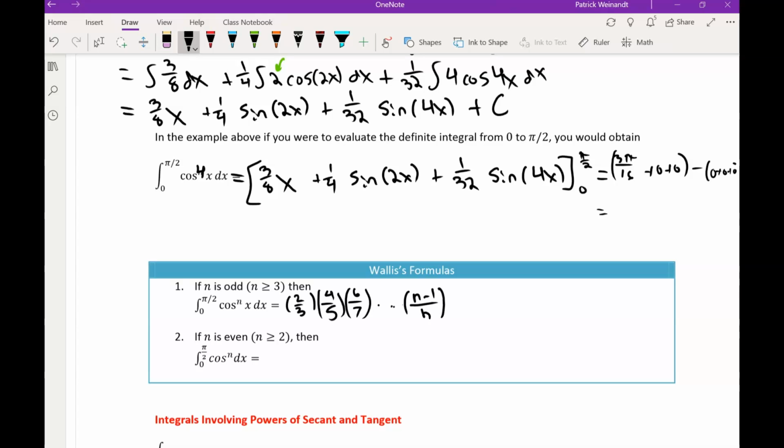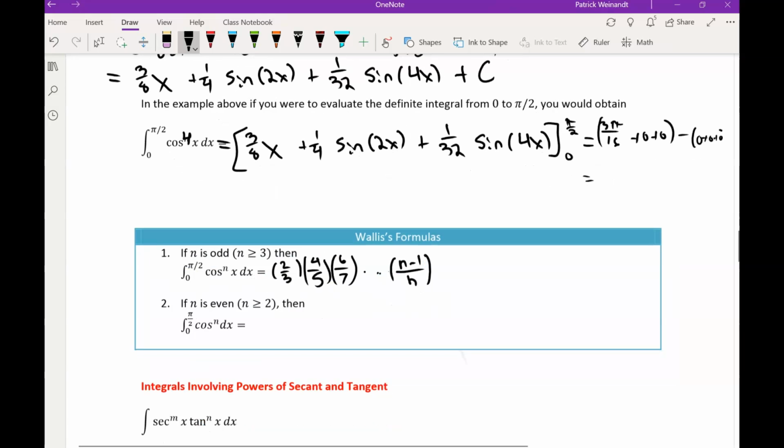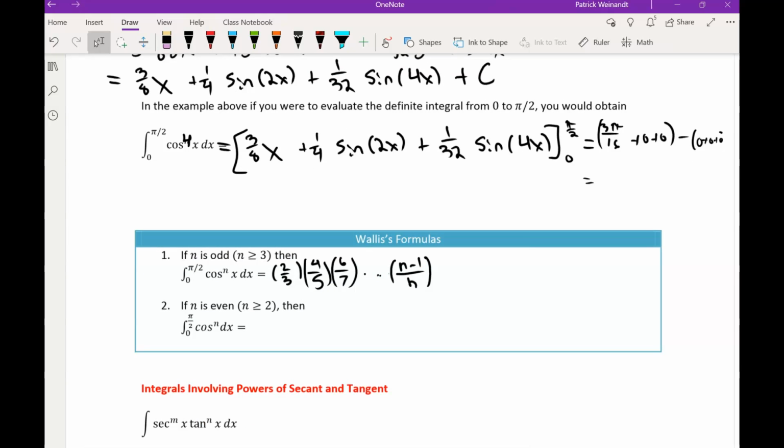So basically, you're just multiplying fractions, adding 2 to the numerator and denominator all the way until the denominator is equal to your degree. If n is even and greater than or equal to 2, then the integral from 0 to pi over 2 of cosine to the n of x dx equals 1/2 times 3/4 times 5/6 times so on and so forth, till you get to n minus 1 over n, times pi over 2.